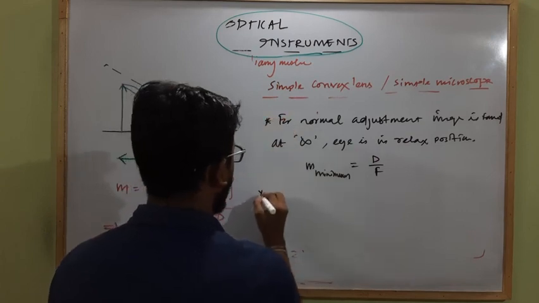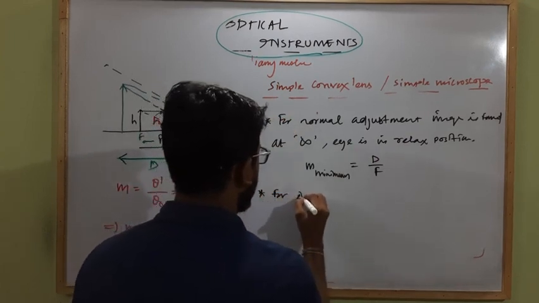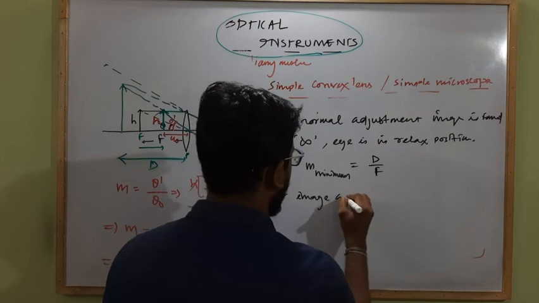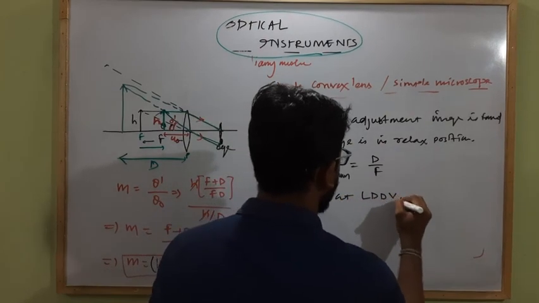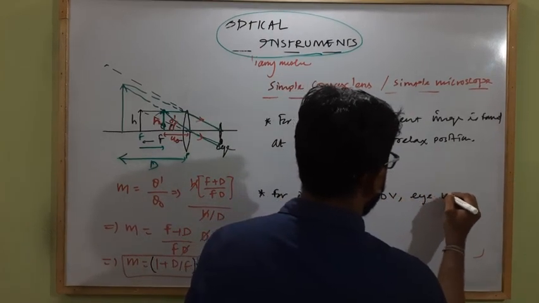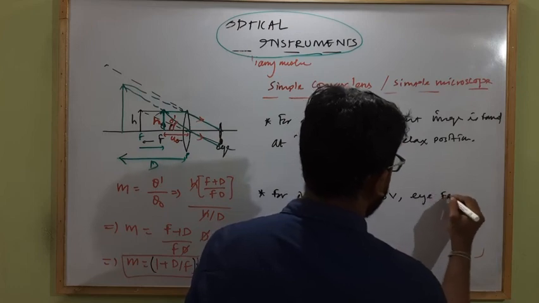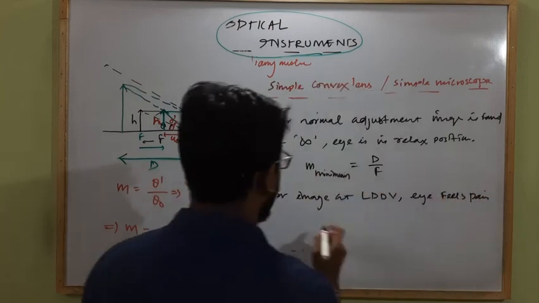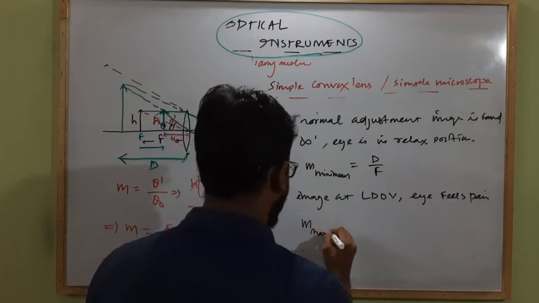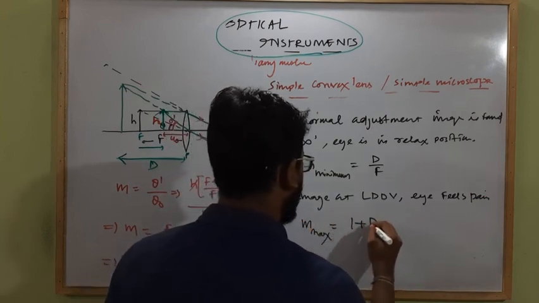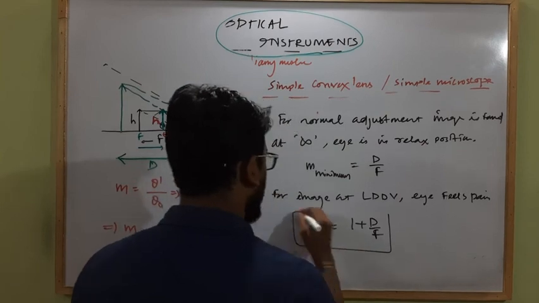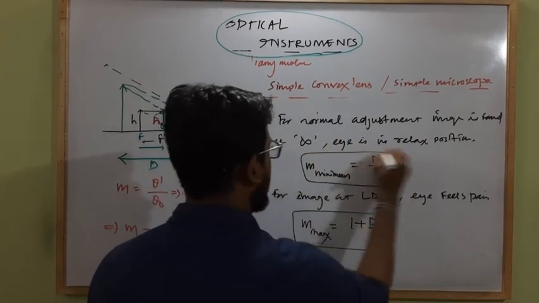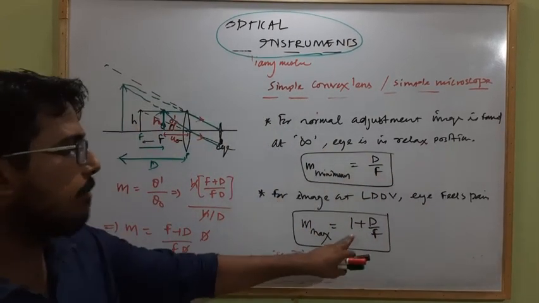Okay, for image at least distance of distinct vision, eye feels pain, and the magnification is maximum, which is 1 plus d by f. Clear? So the maximum magnification obtained by a simple microscope is 1 plus d by f.